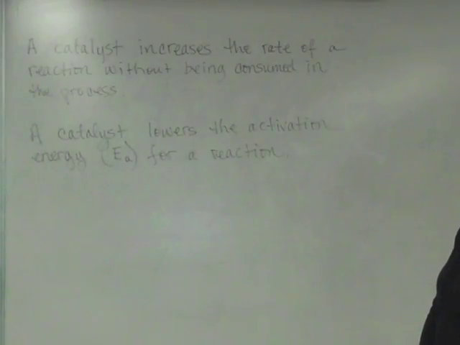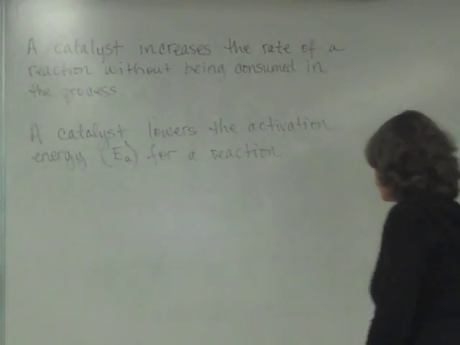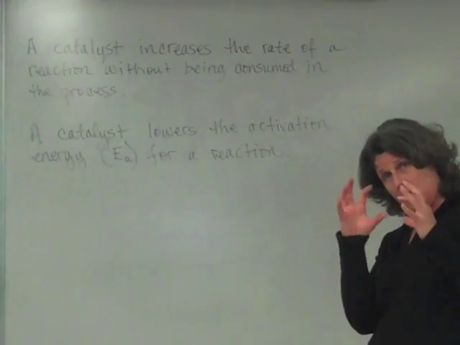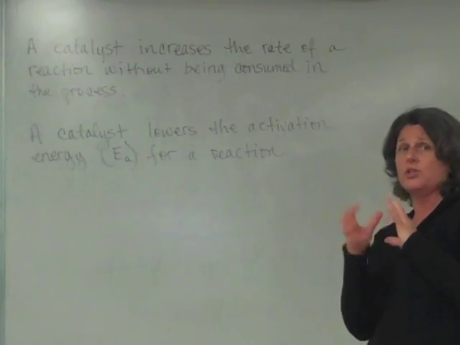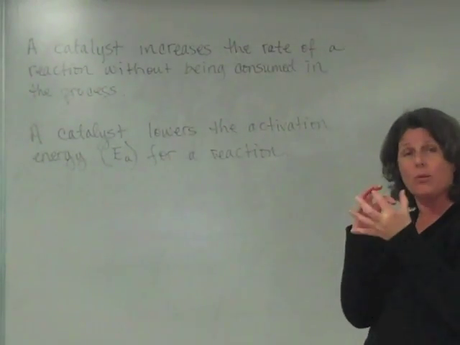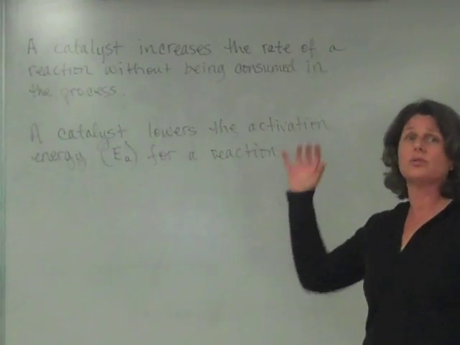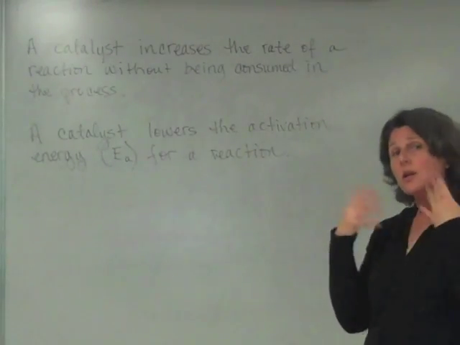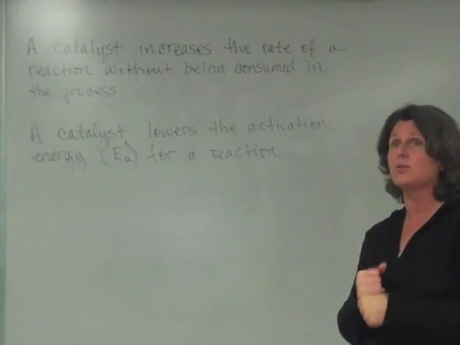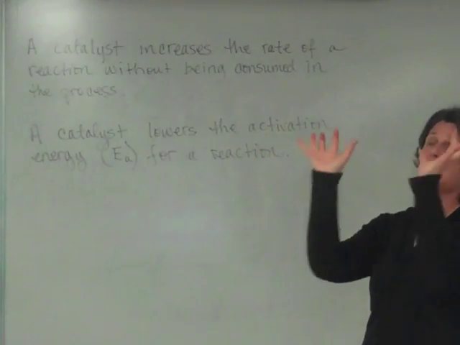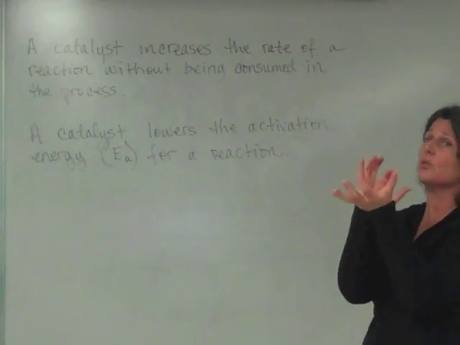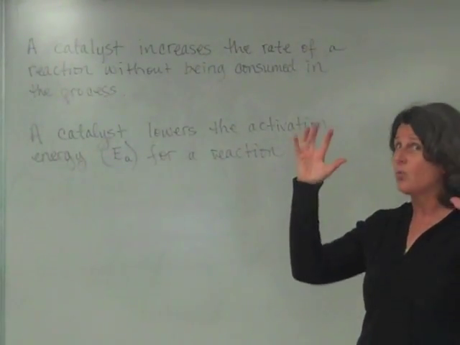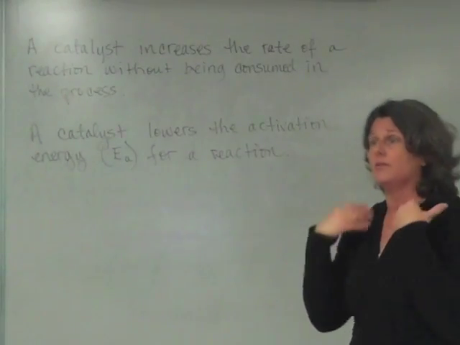The first way is that it can bring the two reactants together in the correct orientation. So it can stabilize the activated complex. Instead of having to collide, and finally we've collided in the right orientation, sometimes a particular kind of catalyst will hold the two reactants together in just the right way so that they form an activated complex. And so it only takes one collision and the reaction will go.